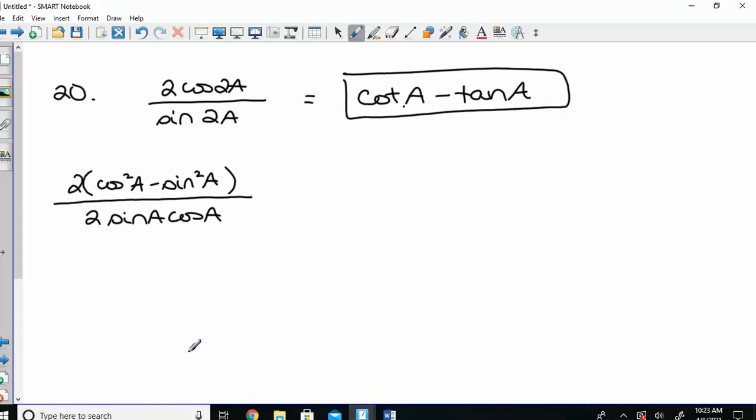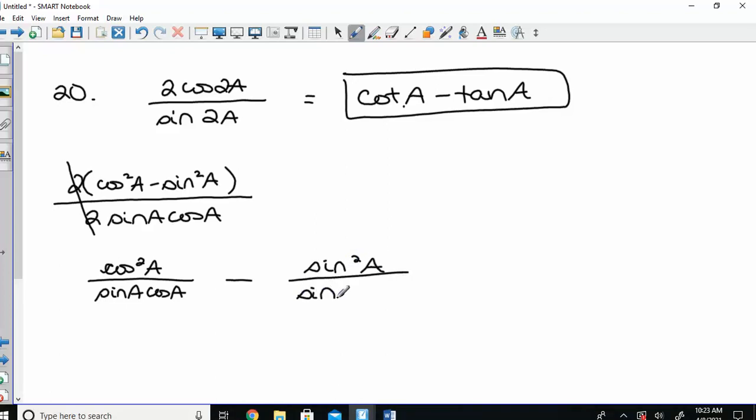What happens first? The 2's cancel. You have two terms on top, so you can break apart your fraction. The denominator goes with both of them. So it's cosine squared A over sine A cosine A minus sine squared A over sine A cosine A. The first fraction, what reduces?